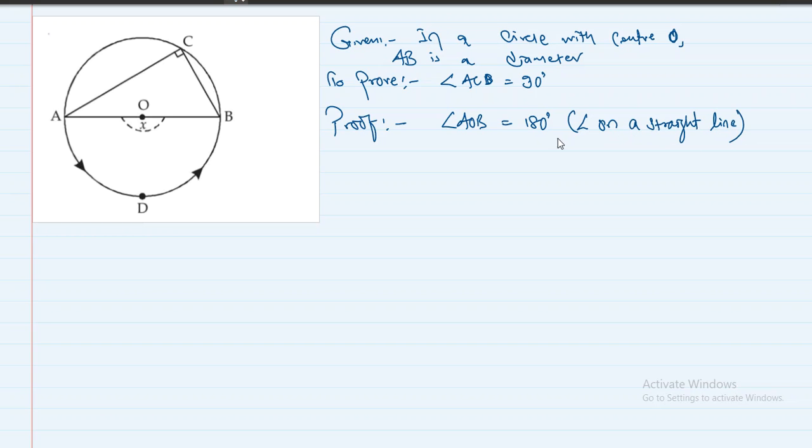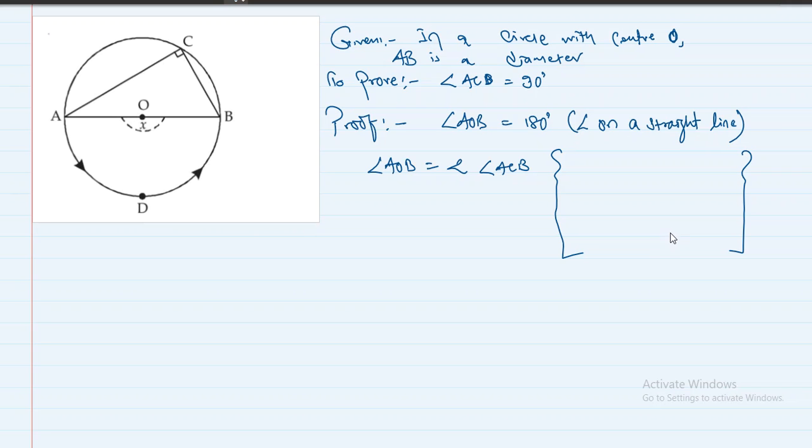Angle on a straight line is 180, right? Also, angle AOB is 2 times angle ACB. What is the reason? You have to write the whole theorem. Angle subtended by an arc at the center is double the angle subtended by the same arc at any point on the remaining part of the circle. The whole theorem you have to write. I'm not writing, but you must write.